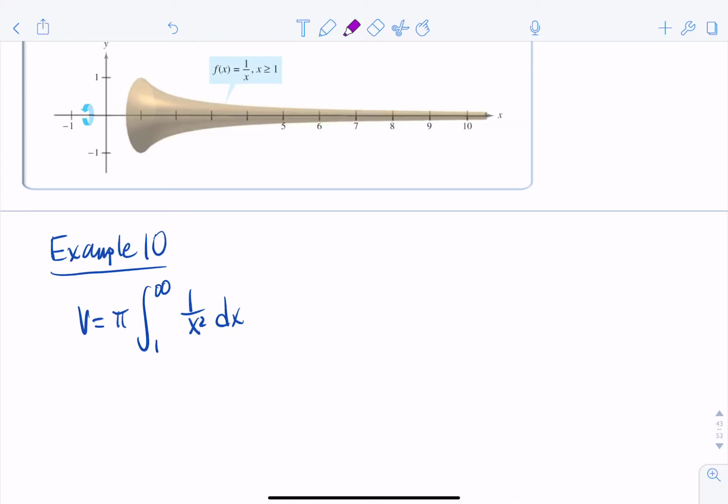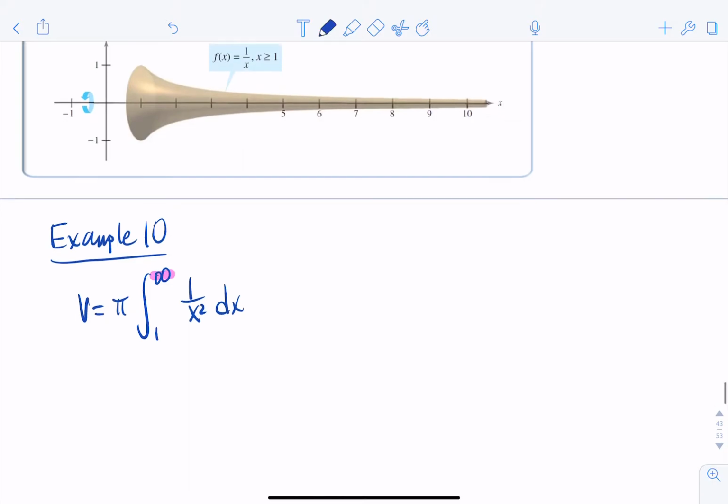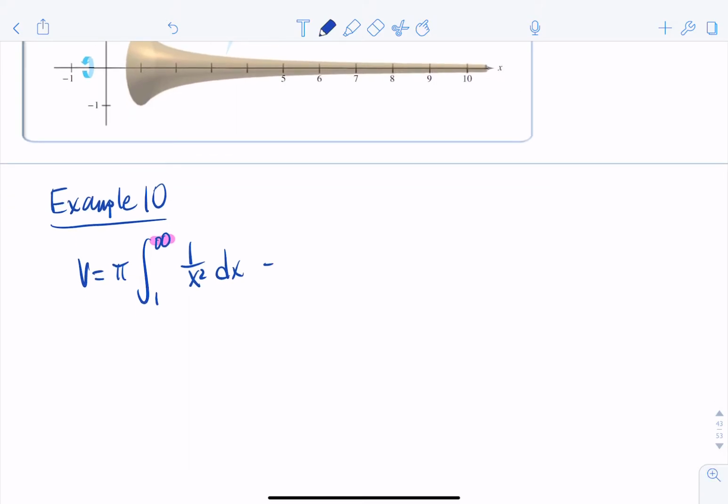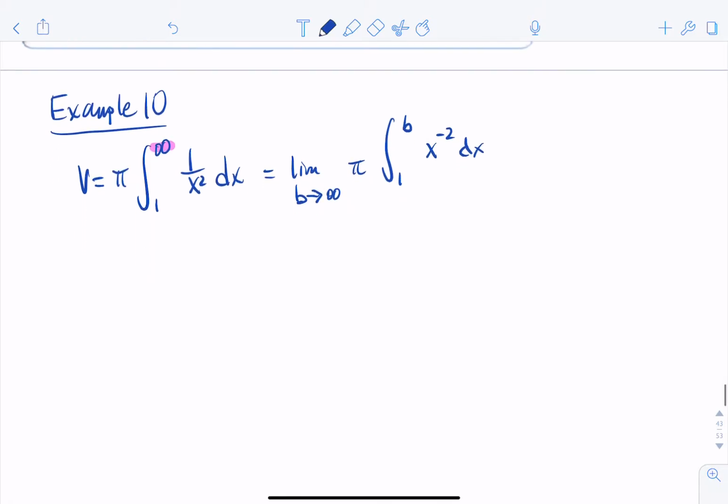I can see quite obviously that we've got an improper integral because we've got this upper limit which is infinite. So we're going to take it out, replace it with a b, and then take the limit of this thing. So limit as b approaches infinity, pi still in here, definite integral from 1 to b, x to the negative 2 dx. All right, now we're ready to integrate this thing.